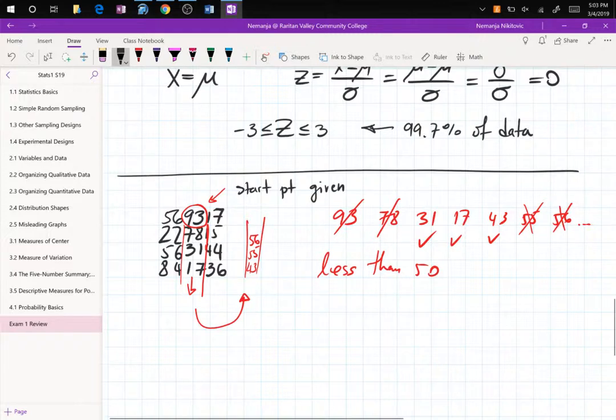Yeah, standard deviation is never 0 because the standard deviation measures the variation in data. So if you have two numbers that are different from each other, you are immediately going to have variation between them. So your standard deviation can never be 0 unless your data is just the same number over and over again. 55, 55, 55, 55, 55.